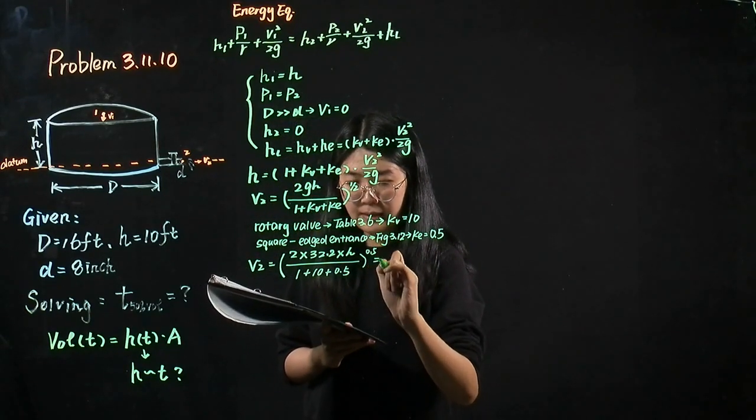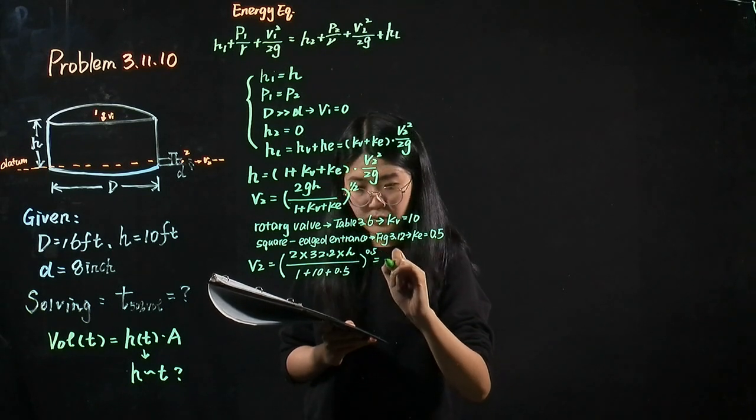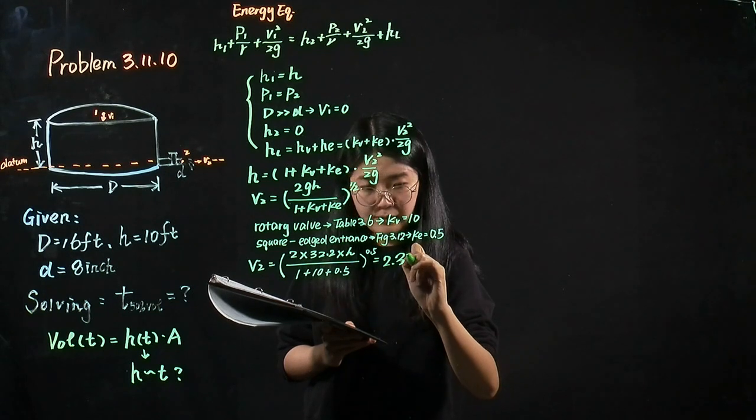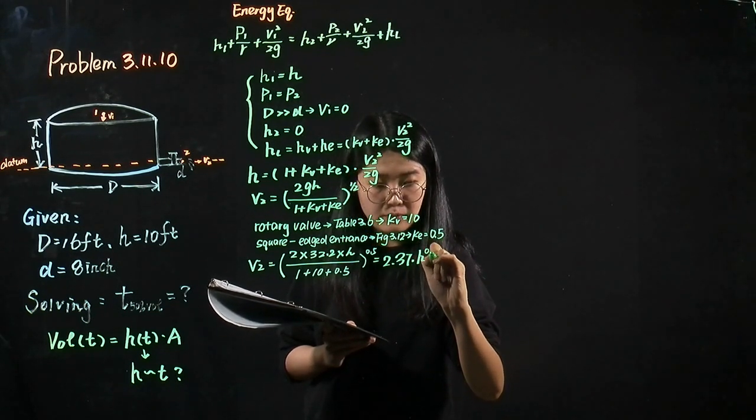Then we get the velocity at point 2 equal to 2.37 times h to the power of 0.5.